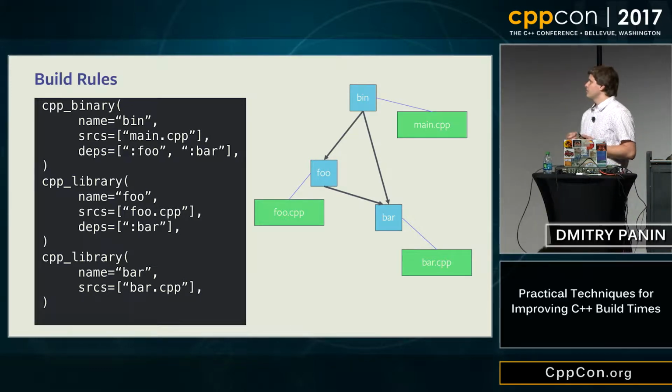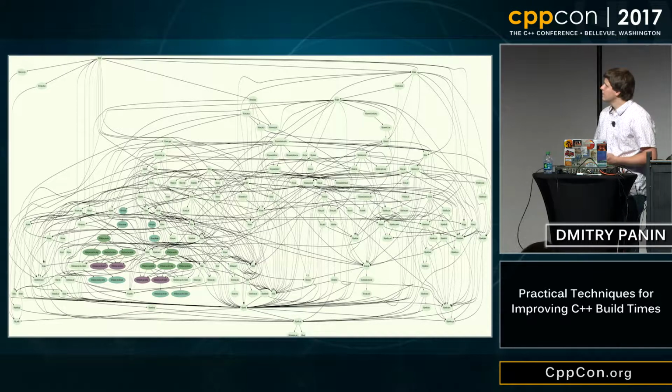So in this example, it will compile all CPP files in parallel and then do the linking in the right order. This is a simplified example. In reality, there could be more steps, even not C++ specific, something like running the Thrift compiler or a custom shell script. So in reality, it might look like this.